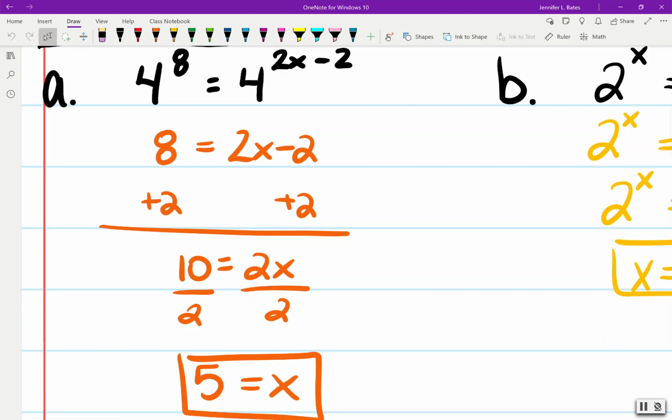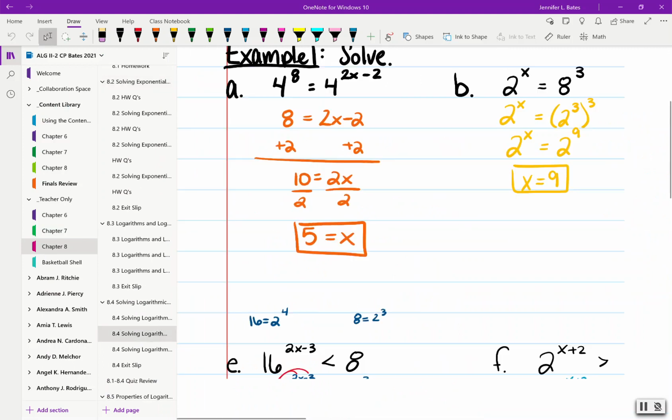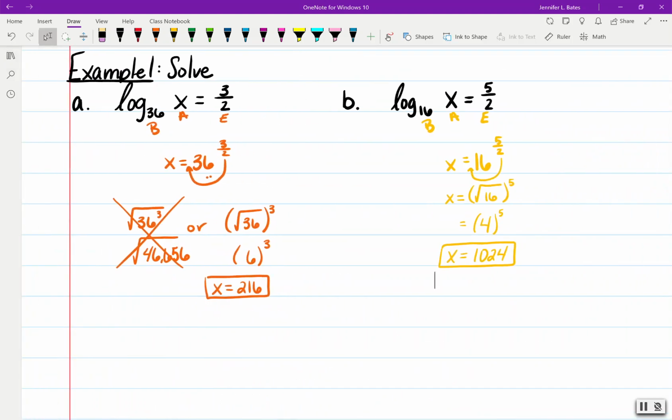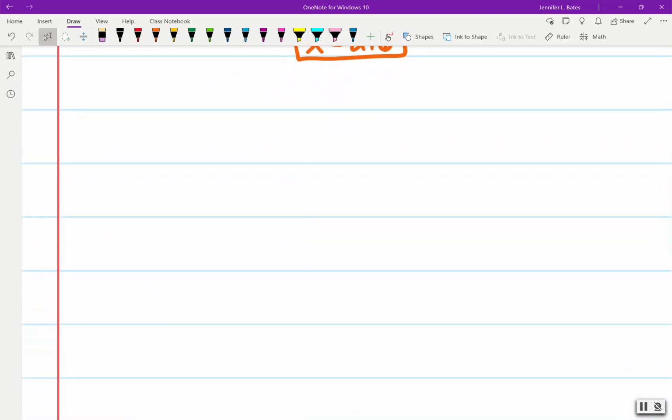What we're going to look at now is a very similar property, but it's going to be in logarithmic form. So in logarithmic form, that property looks like this.